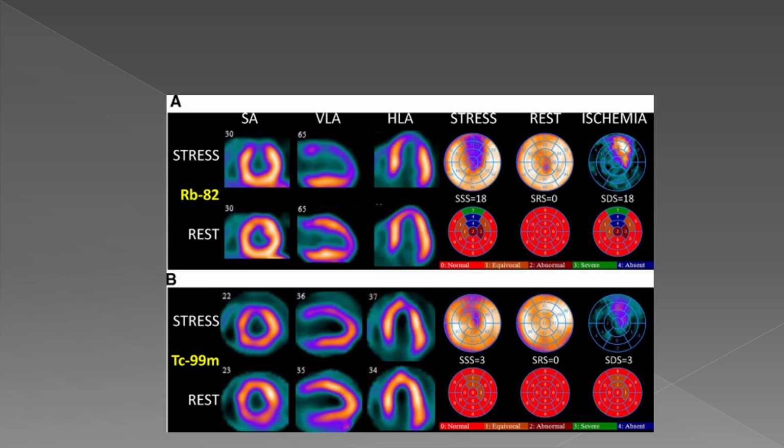But when you have rubidium and you're doing PET, you don't have to really worry about attenuation from breast or diaphragm because, especially when the CT gets applied to it, it automatically corrects for that. But also because you're imaging the 511 keV photons, they don't attenuate as well as the 140 keV ones do. And so you get a lot less attenuation, a lot less count loss.